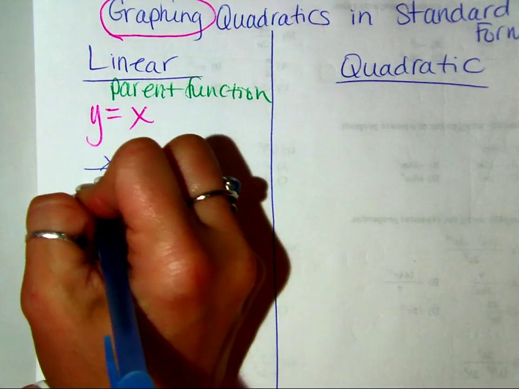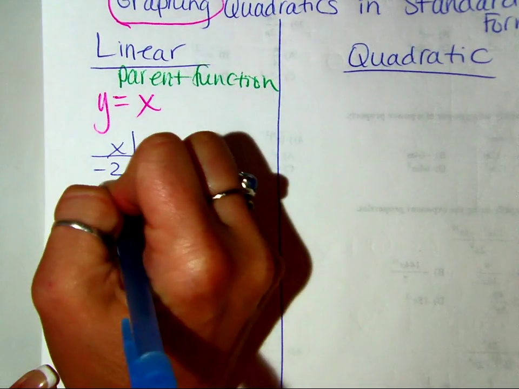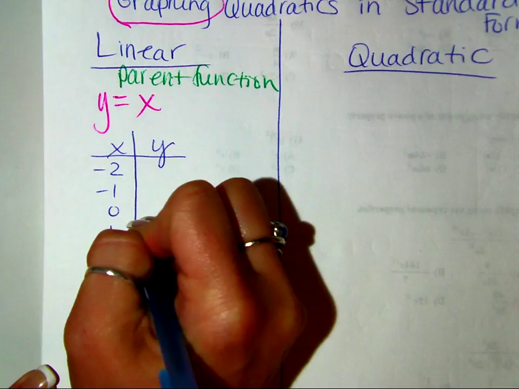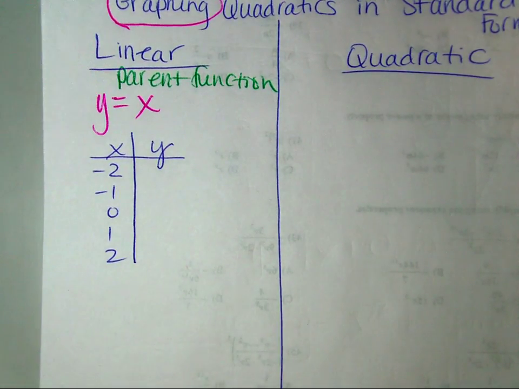Okay? I know it's thundery, so we're just going to work through it. So a good domain to use that we learned in Unit 6 is just the -2 all the way up to +2. It gives you a good idea of negatives, a couple positives, and 0. So this gives us a really good picture. So what y equals x means in linear land is whatever x is, that's what y is.